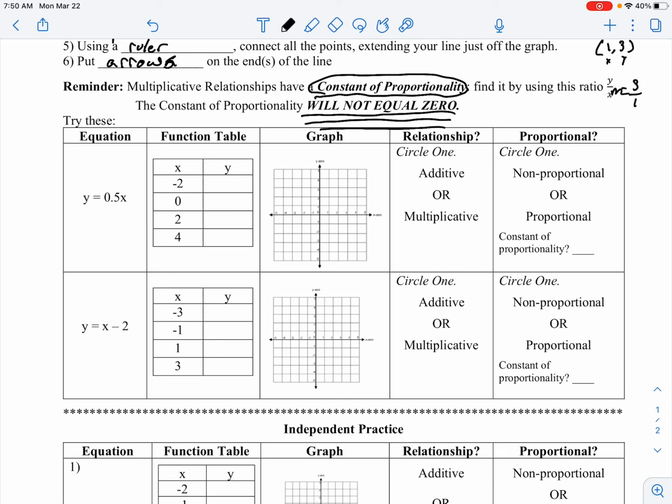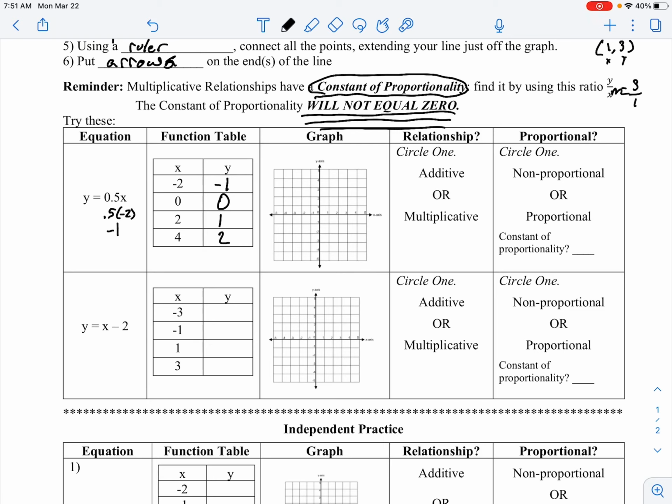Alright, so what we need to do is plug -2 in for x into this equation now. So 0.5 times -2 is going to be -1. If we plug in 0, we'll get 0. If we plug in 2, we'll get 1, since 1/2 times 2 is 1.